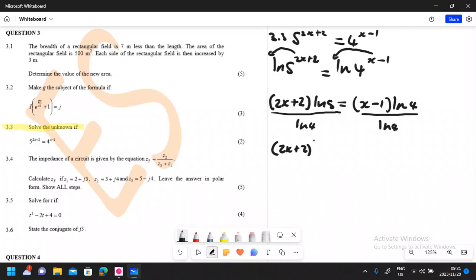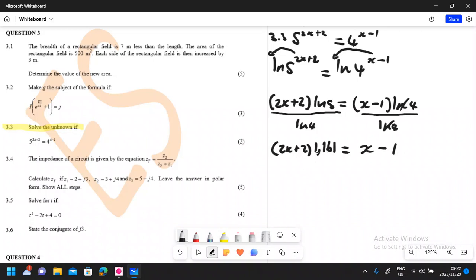What are we going to get there? We're going to get the following: 1,161, equal to natural log 4 divided by natural log 4. This is going to be 1, guys. So we're going to be left with x minus 1, right?